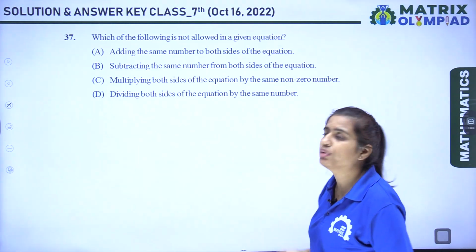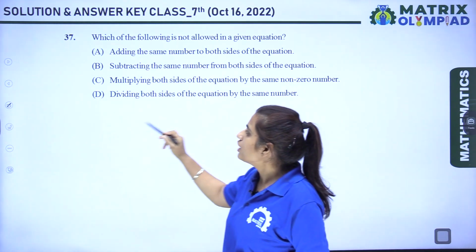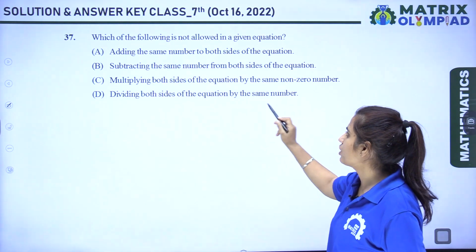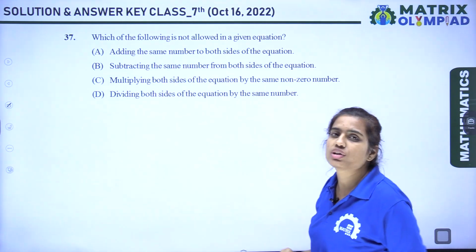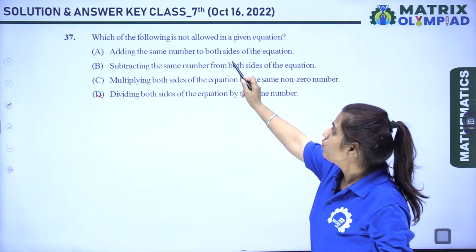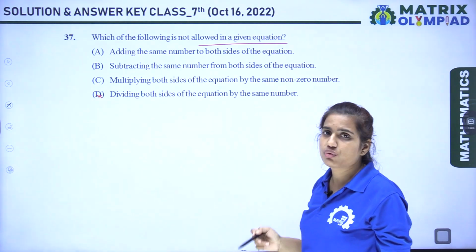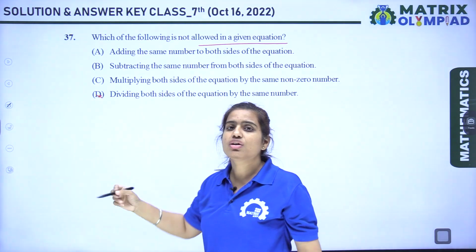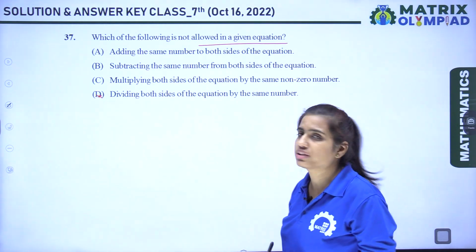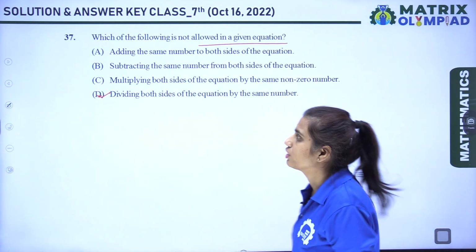Yes, we can also multiply the same number on both sides. Now, the last option is dividing both sides of the equation by the same number. No, this is not correct. So option D is not allowed in the given equation, as we cannot divide by 0 on both sides. So D is the correct option.